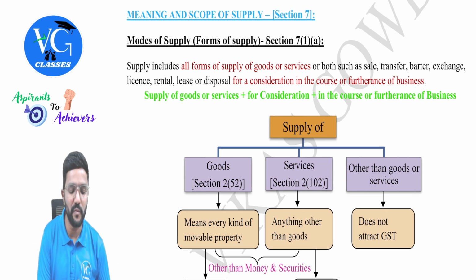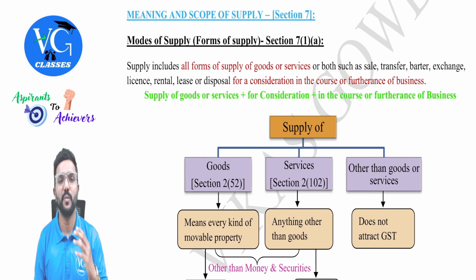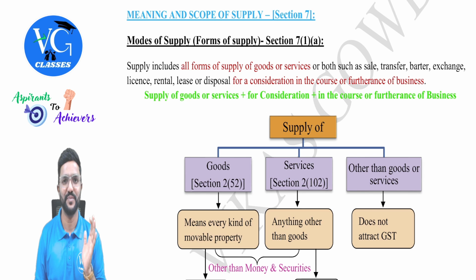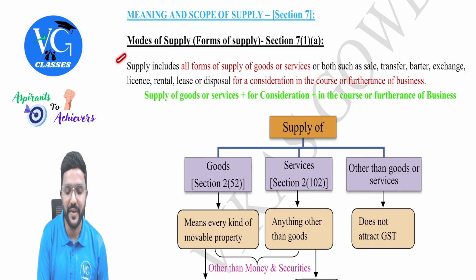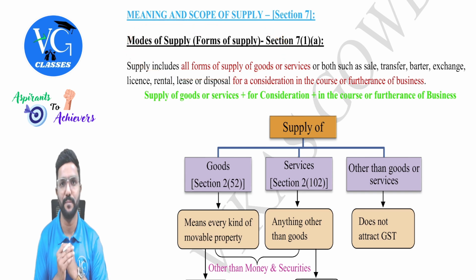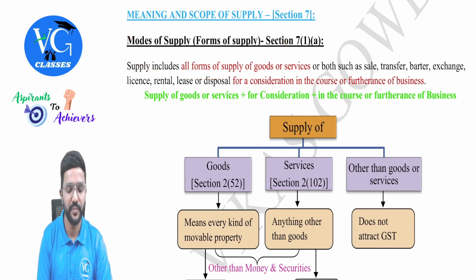So section 7 is very, very important, guys, because only when an activity or transaction is a supply, it is covered under GST. If an activity or transaction is not at all a supply, then it is outside the ambit of GST, guys. So first, section 7(1)(a), which talks about the mode of supply or the form of supply. What is it telling? We will see.